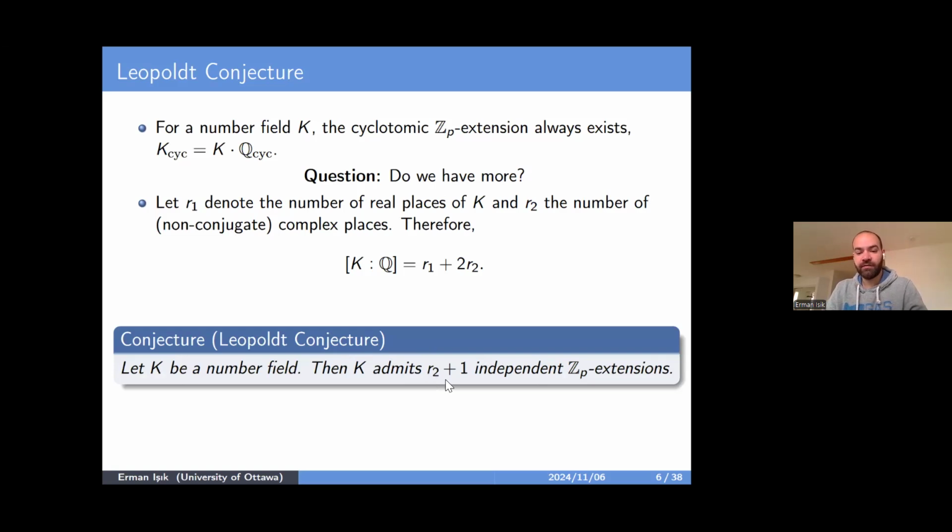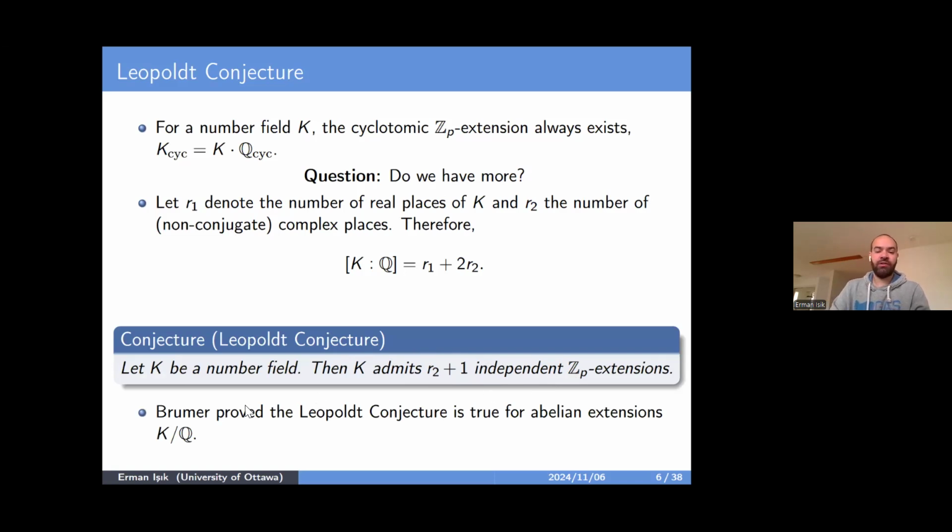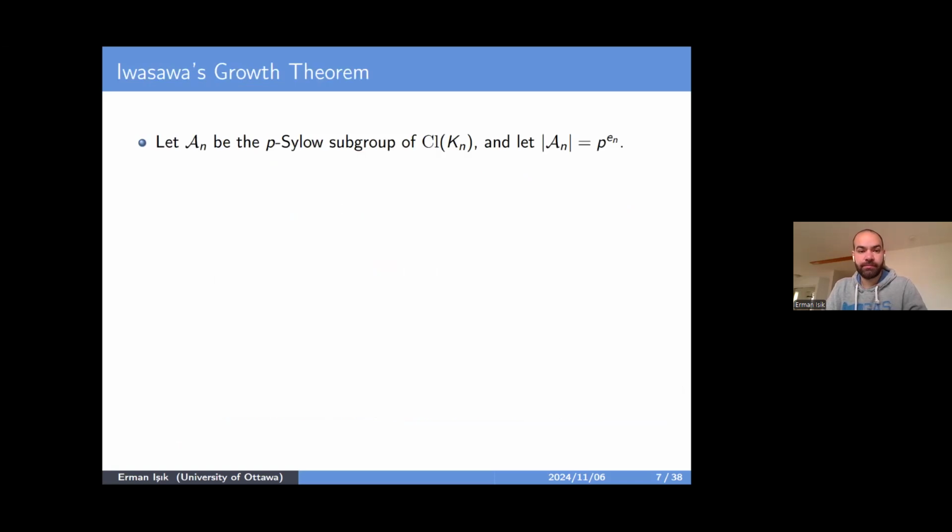So we have that many independent Z_p-extensions. And Brumer proved that Leopoldt's conjecture holds true if we are focusing on abelian extensions of Q. So indeed, if we have a number field, we have more than one independent Z_p-extension.